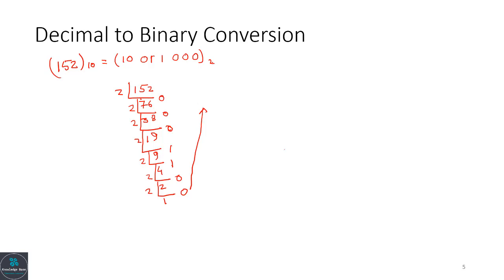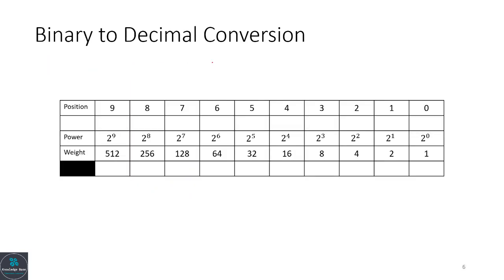Next, we are going to convert a binary number into its equivalent decimal number. So, let us take the binary number 1, 0, 0, 1, 1, 0, 0, 0. We have already learned that this is 152 in decimal.